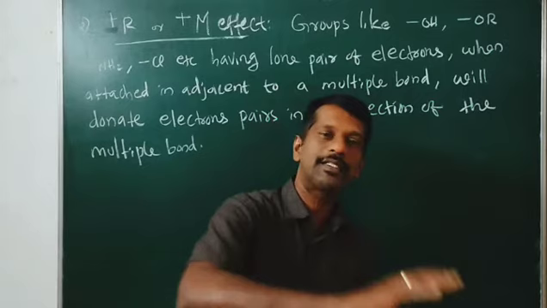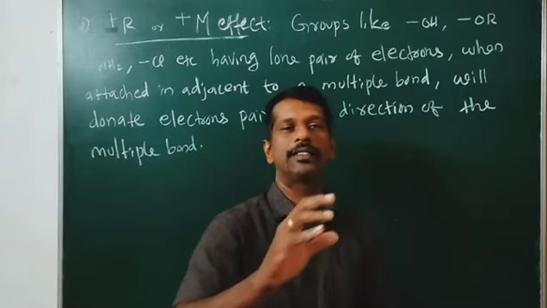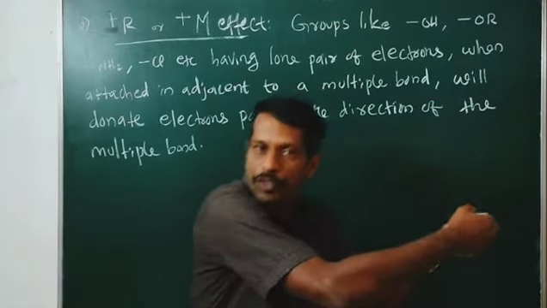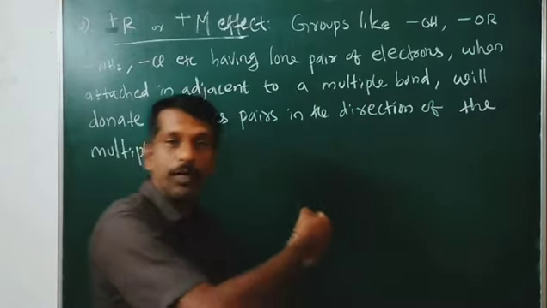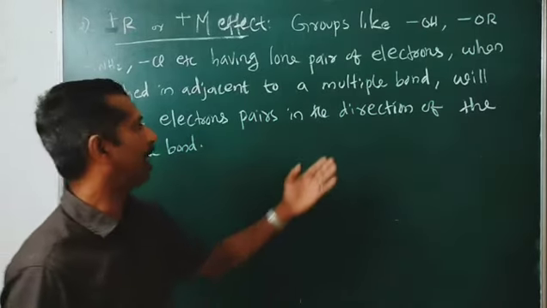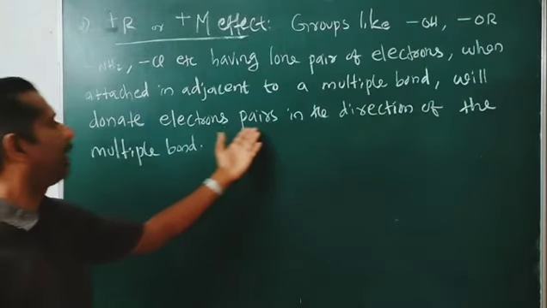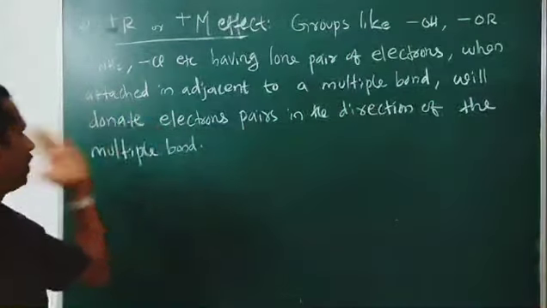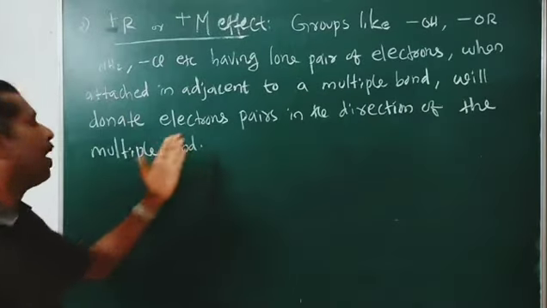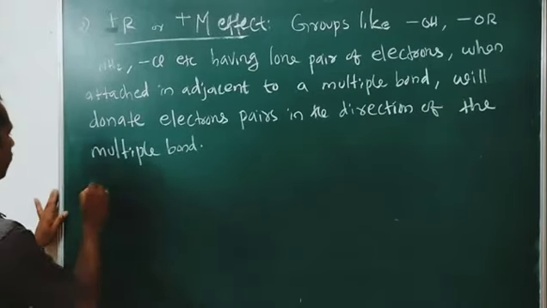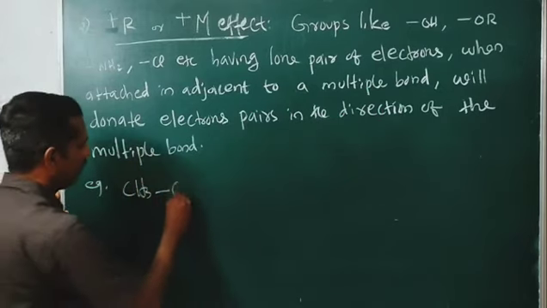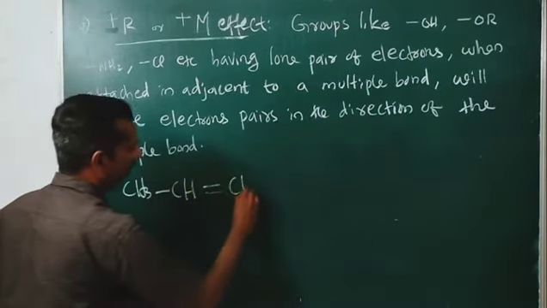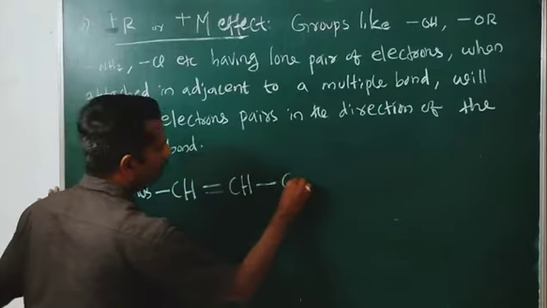In the previous case, minus R effect or minus M effect, the group will withdraw the pi electrons of the multiple bond towards the group. But here it is not like that. The electron pair will be shifted in the direction of the multiple bond. So, example: CH3 CH double bond CH single bond OH.